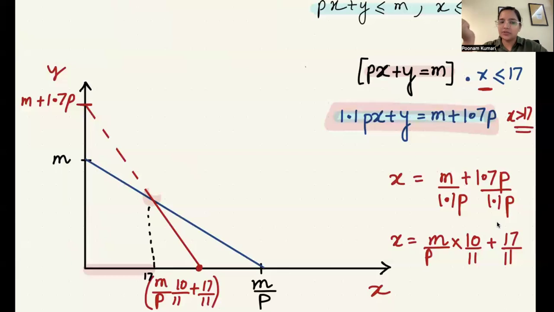But you can have situations where the intersection is different and your equations are changing at different points. So we cannot take this as a fixed rule.